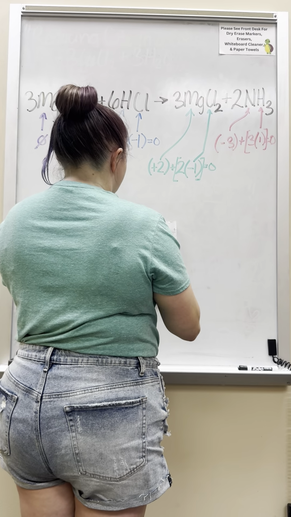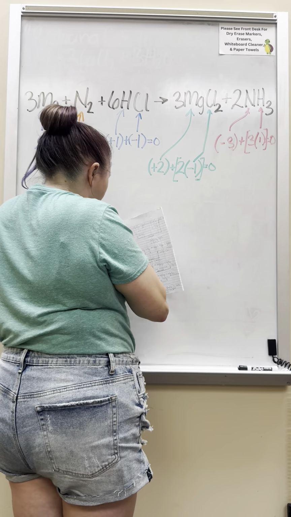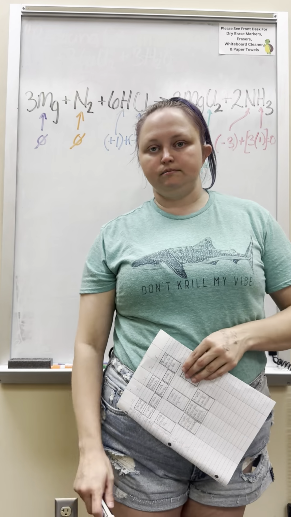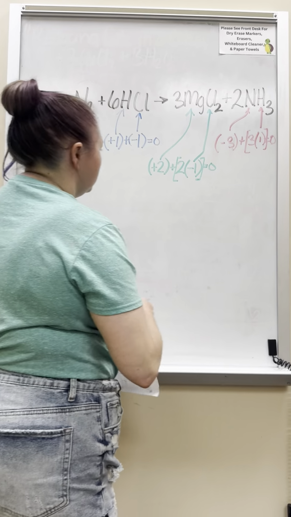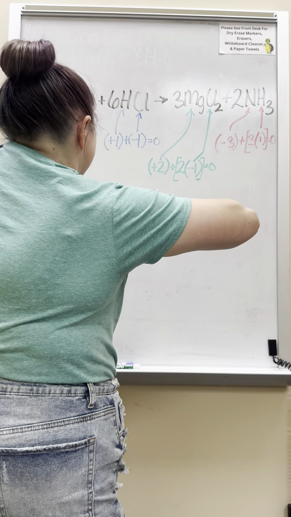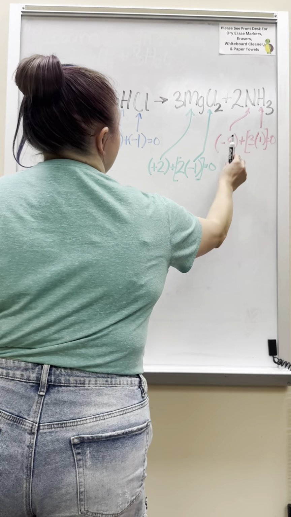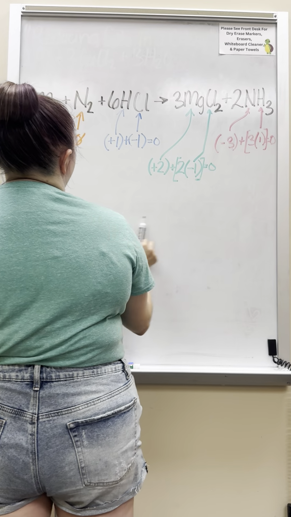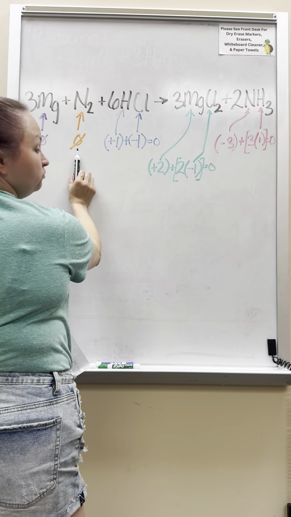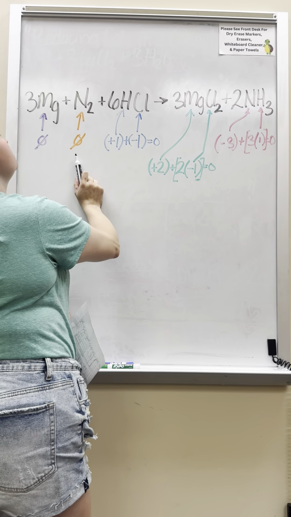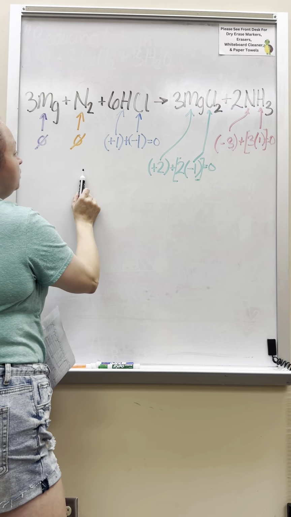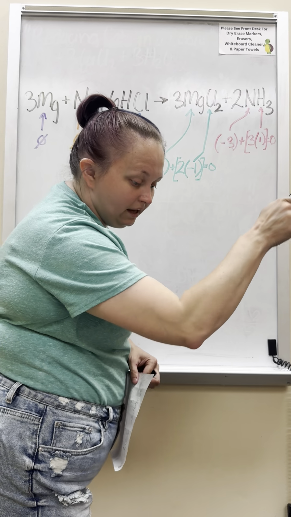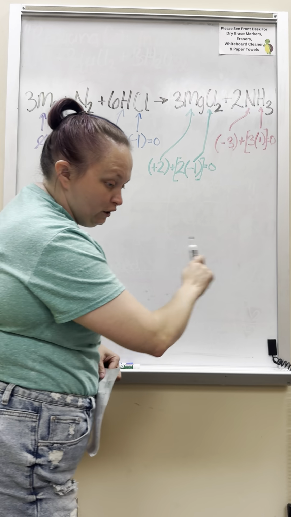Now I see that -3 and I know in my brain, oh my gosh, that -3 is mighty negative. So that -3 associates itself with N. I'm going to come over here and look at this N and oh, it's 0. So we're going from 0 to a negative number. We are going negative. We are reducing.